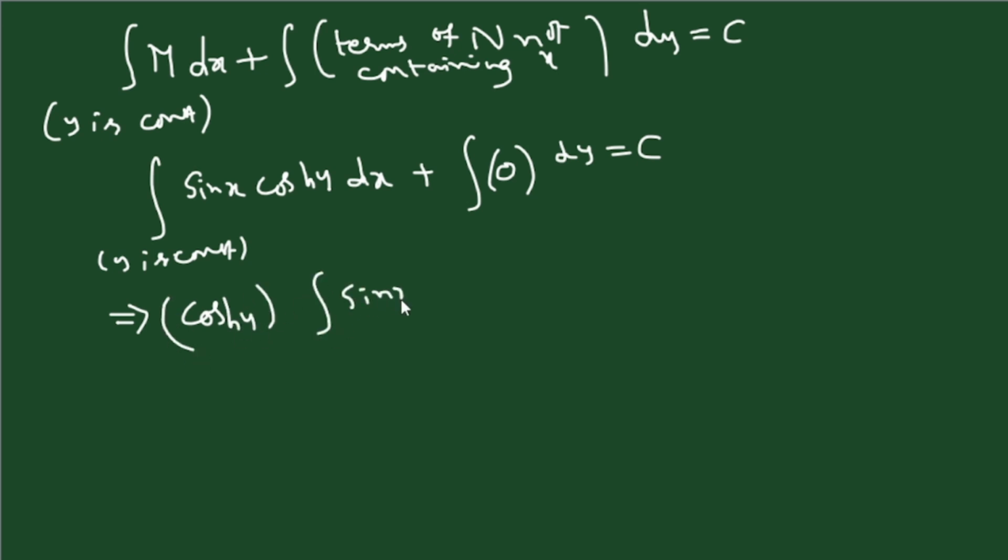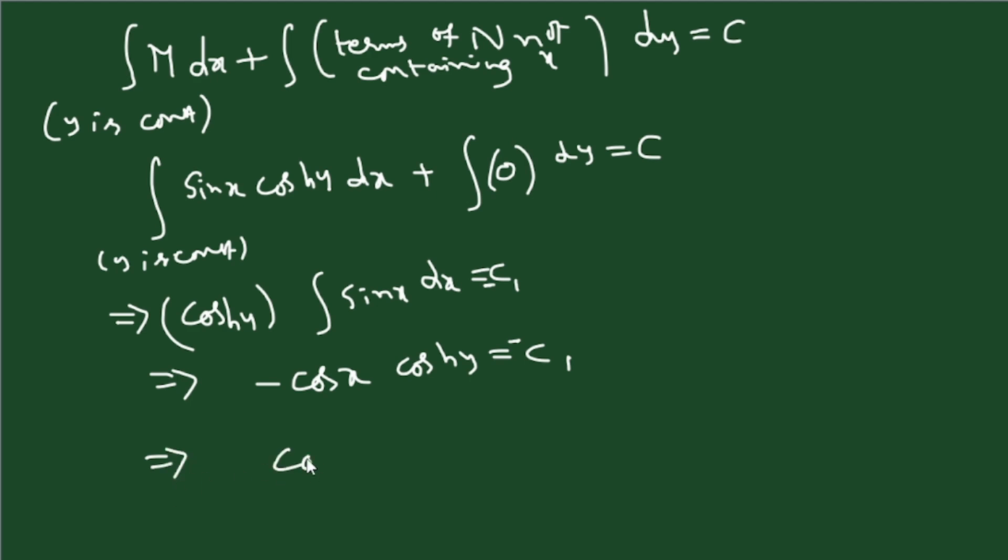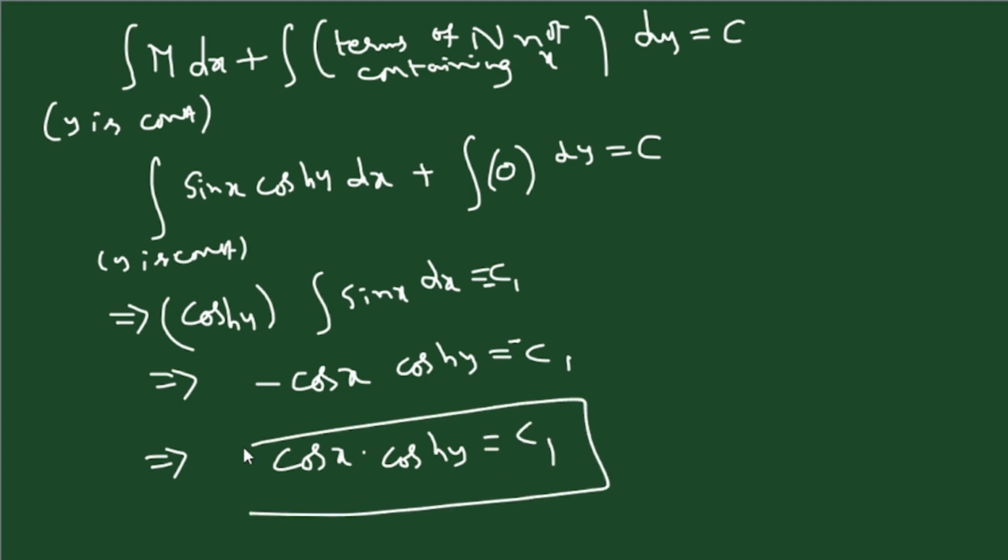Integral sin x dx equal to c. Integral sin x dx is minus cos x into cos hy equal to c. Let us take negative c, so that c1. In that case, the answer is cos x cos hy equal to c1. So this is the required solution.